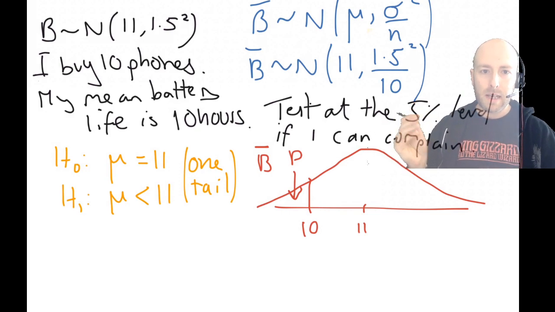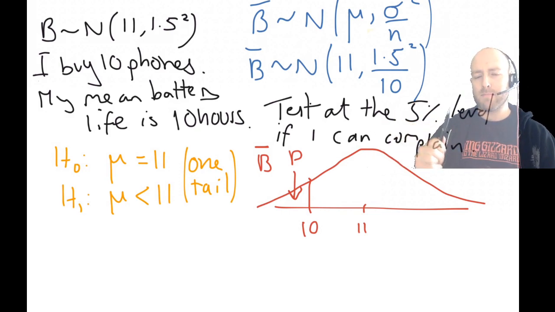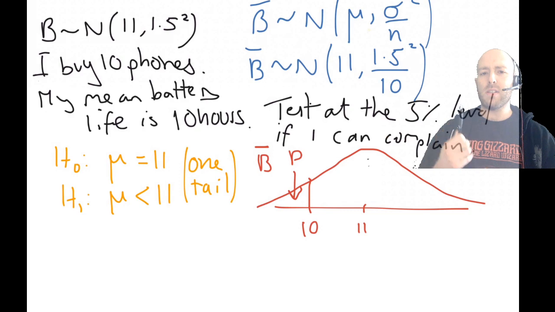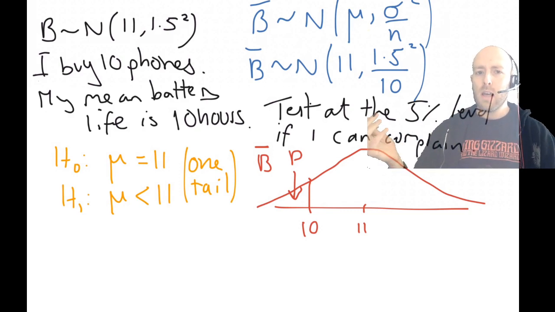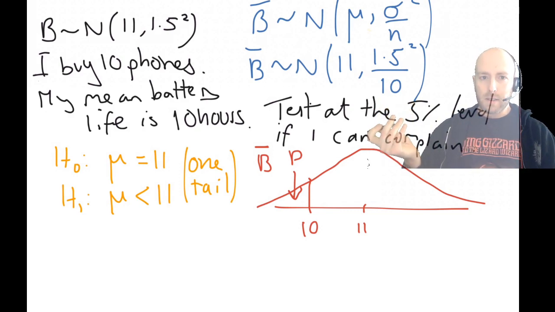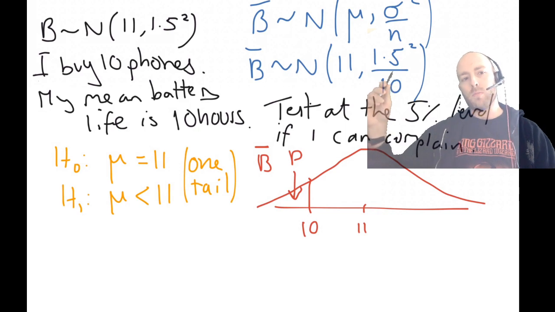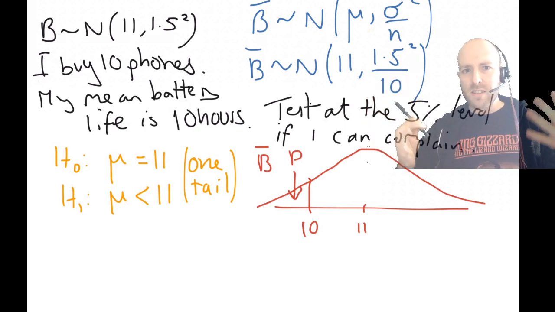If that probability is less than 5%, that's quite extreme. It's saying this really shouldn't have a mean of 10 when you only did 10 phones to test it. So we're going to find this probability and see how likely it is. If it's less likely than 5%, they're going to fail the hypothesis test and we'll assume H1. That's the gist of what we're doing.